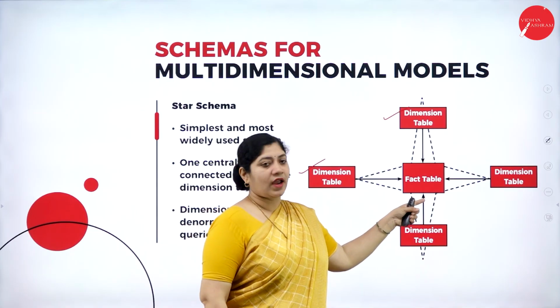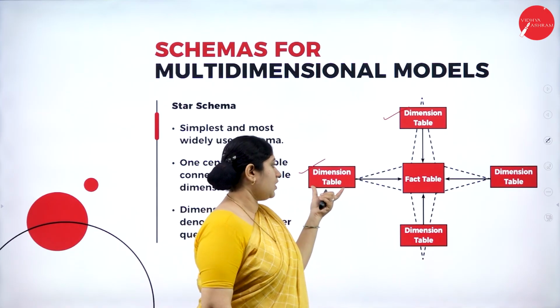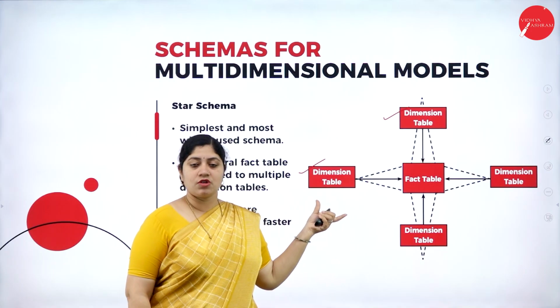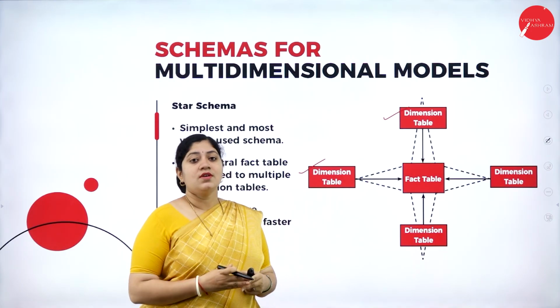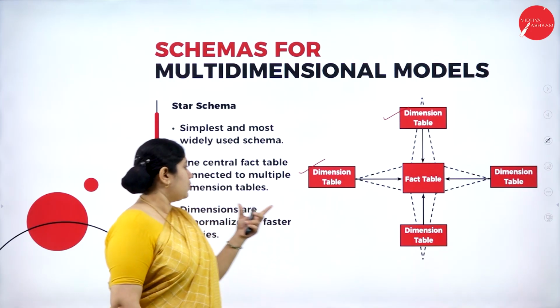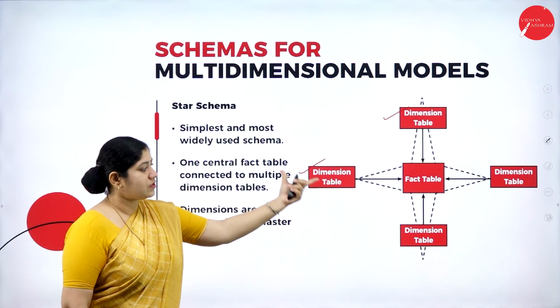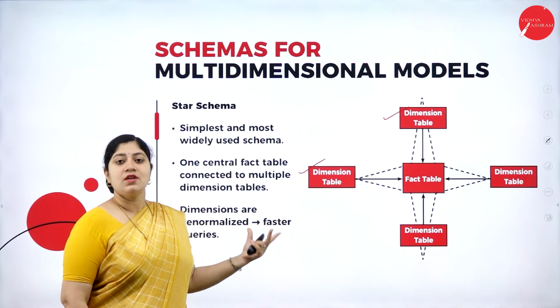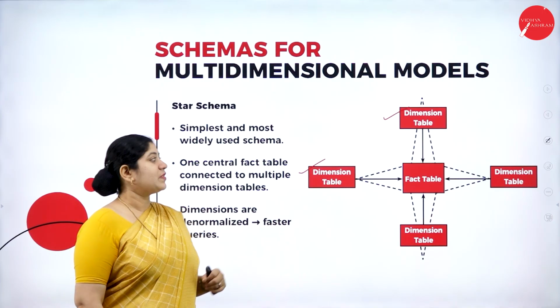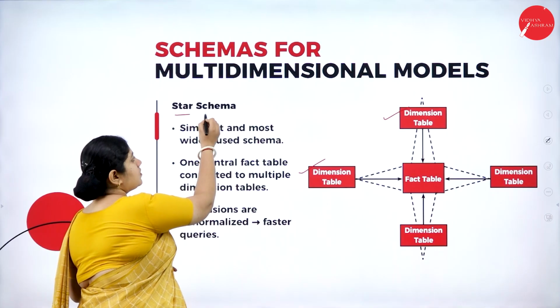Instead of going to the fact table again and again, you can directly denormalize this dimension table and extract the required information. So that's the thing, and we can see here the representation is completely in a star format only. So this is a star schema.